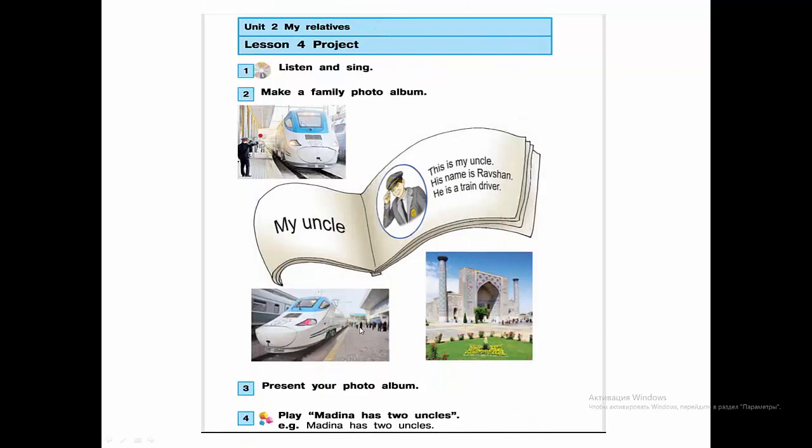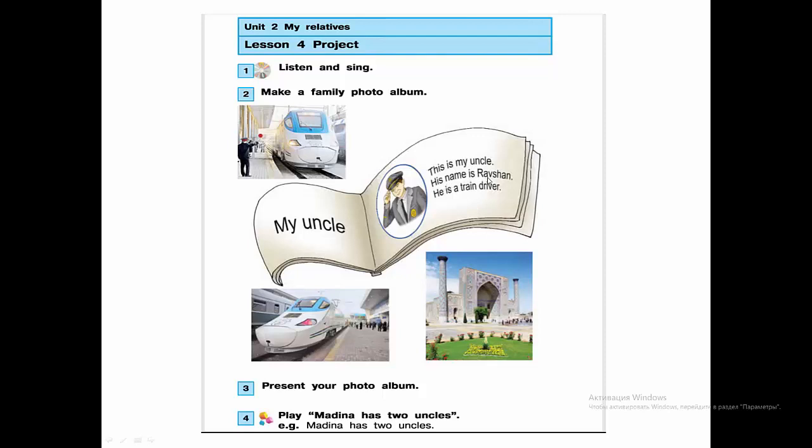Now, if you open your pupil's book, you can see the Lesson 4 project and here also a family photo album. For example, my uncle. You see, there is a sticker photo of the uncle and there is information about the uncle. This is my uncle.